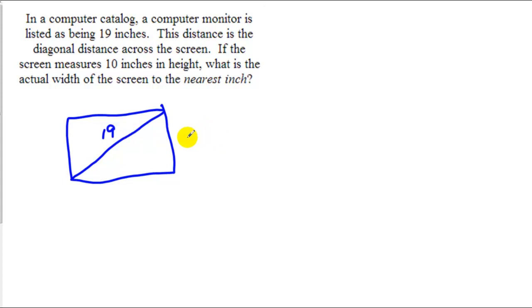If the screen measures 10 in height, they want to know what's the width of the screen. TVs are typically rectangles, so we have a right triangle, and we're looking for an unknown side. Now in this case, we aren't trying to find the hypotenuse, we already have it. So we have the hypotenuse squared, 19 squared, is equal to 10 squared plus this unknown width, we'll call it x squared.